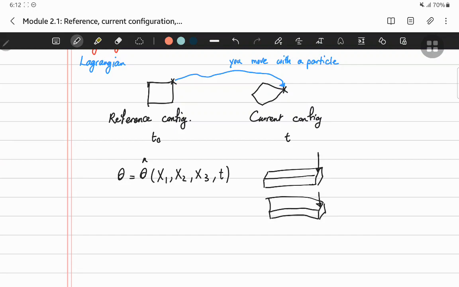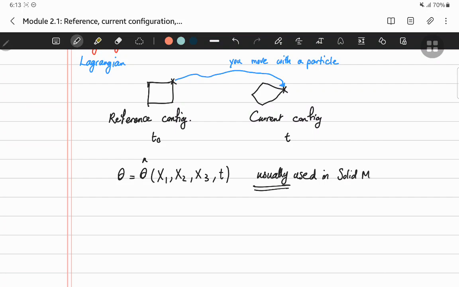So you want to know how this point here is basically changing. What is the kinematic of this particle, for example, here? This is usually used in solid mechanics. Anyway, double underline it. So usually used in solid mechanics.